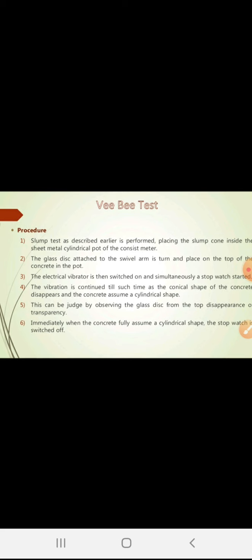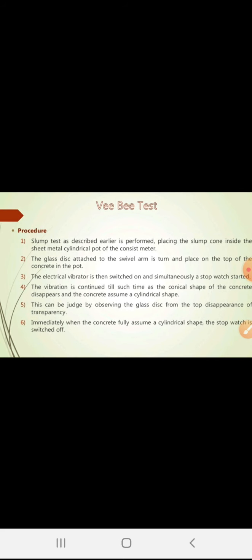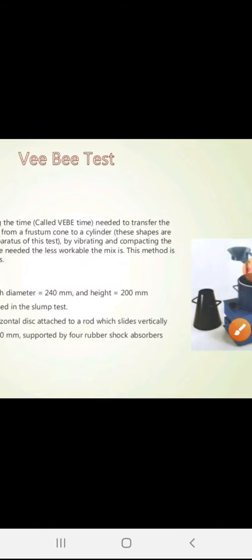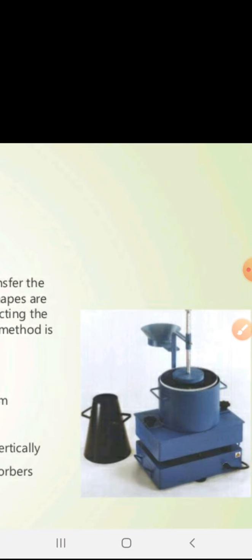First, the slump test is performed as described earlier. Here the most important thing is the glass disc is attached to the swivel arm, nothing but here we can see. Here only I will explain it.